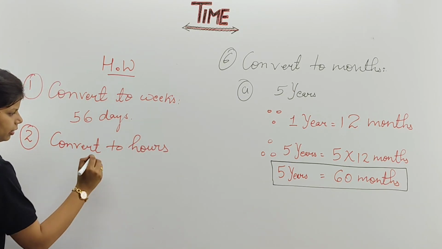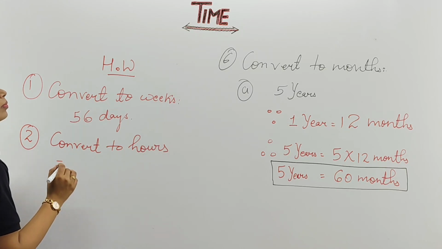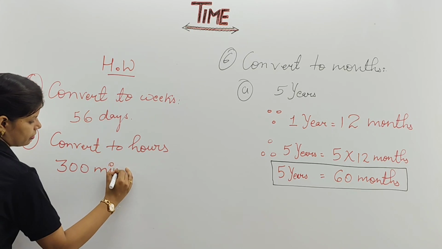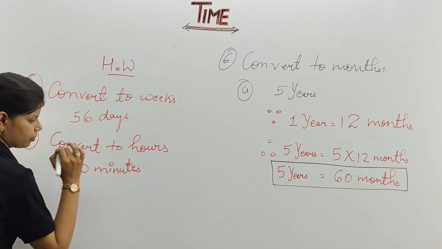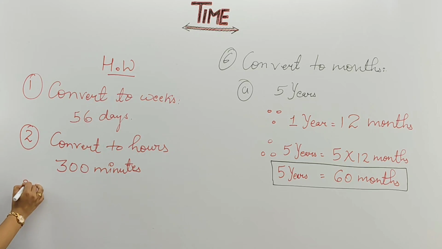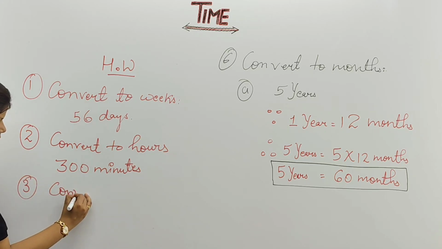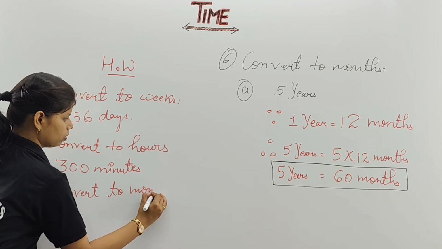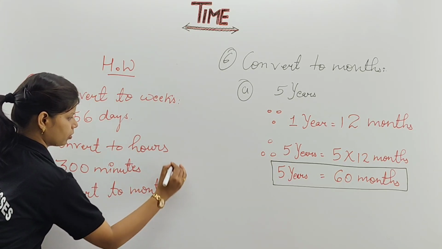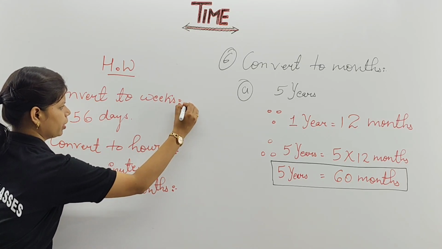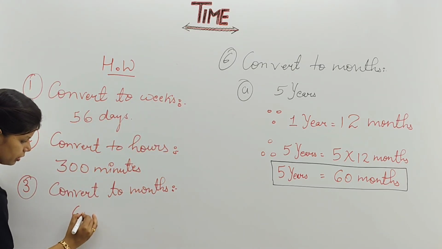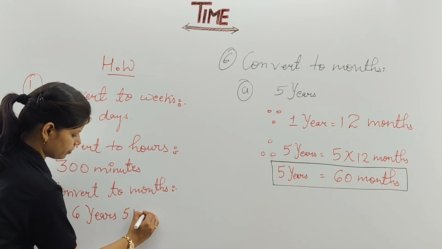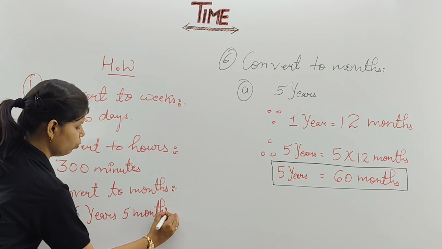And your question is 300 minutes. Understood? Third question is convert to months. 3 questions I am giving you from here, and that will be your 6 years 5 months. You have to convert into months.